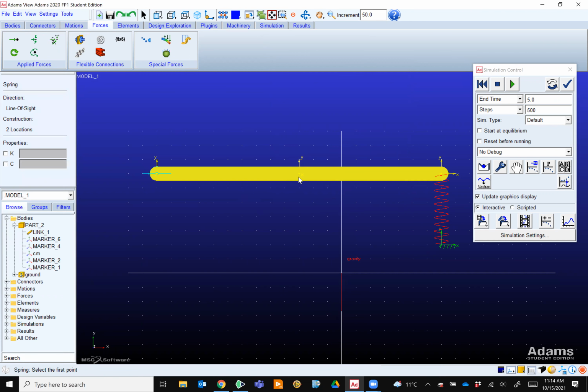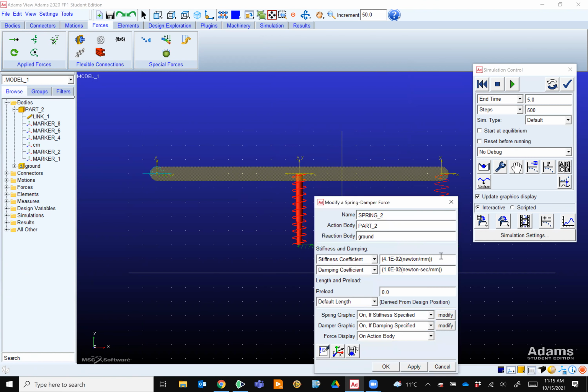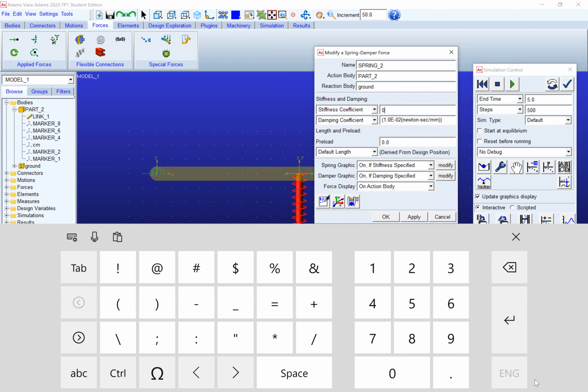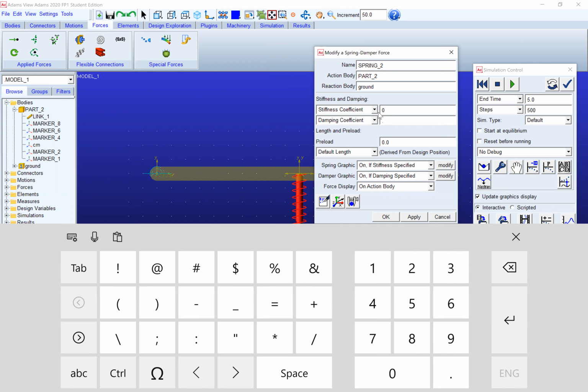Let's add a damping, maybe somewhere there. I don't want the spring, so no spring then. And for now, let's put a damping ratio of maybe a small value. Later we can change it.